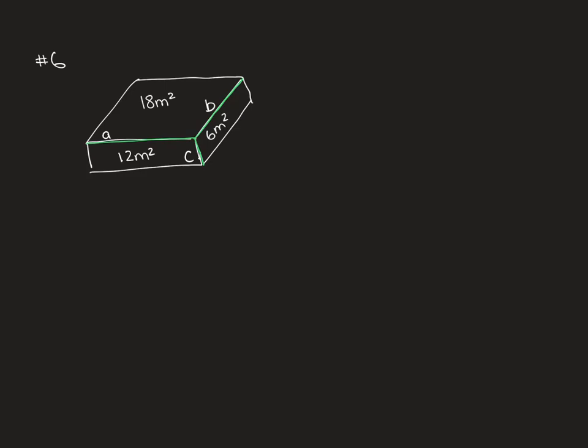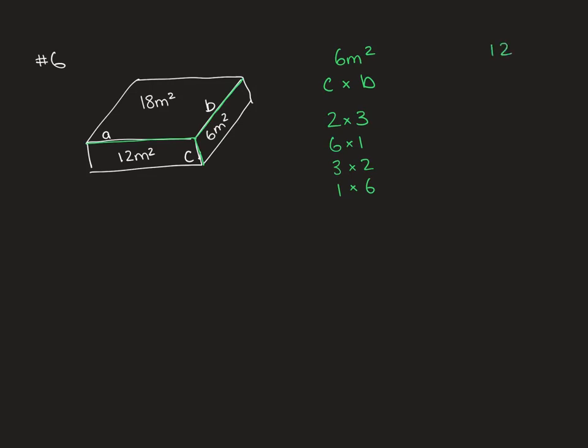So if we have 6 meters squared, we know this has to be C times B. So what are our possible options for C and B? We could have 2 times 3. We could also have 6 times 1. And we could flip these two around, right? 3 times 2 and 1 times 6.